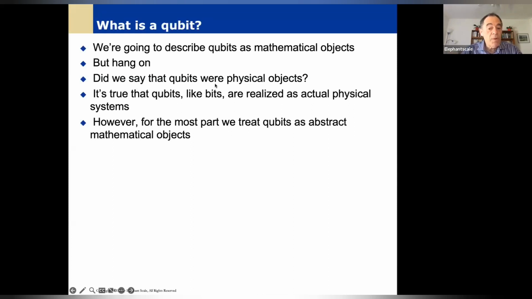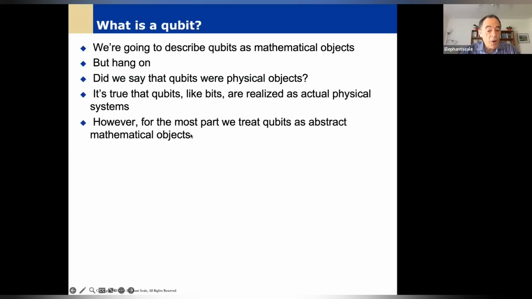So yes, we said that qubits are physical objects and that they can be represented by electrons or photons or ions, and I honestly am not quite sure about those particles. But practically, everybody will treat them as mathematical objects. To everybody, the qubit will be simply a vector. And just as a classical bit is simply a number, it's either 0 or 1, and that is all it can do honestly. There's nothing hiding. Now, qubit is a vector, and there is a nice thing about that way of approaching the qubits.